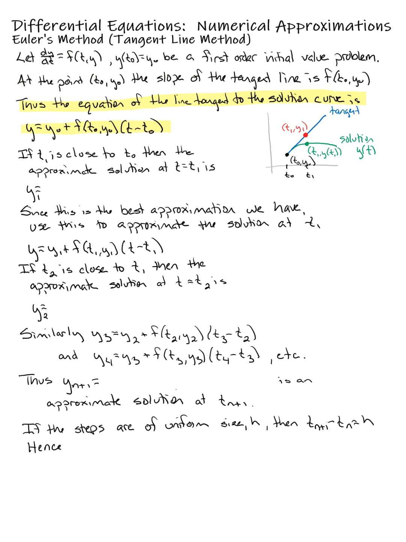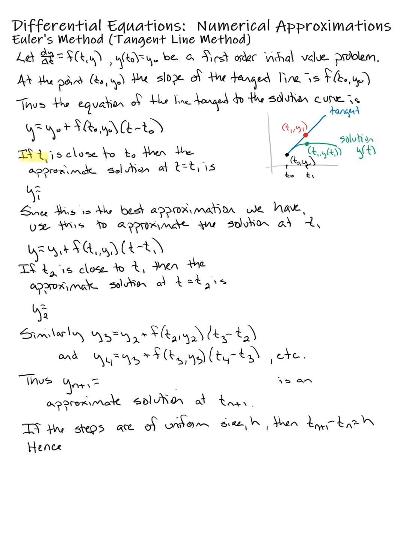This comes from the point-slope equation of a line, where my point is (t naught, y naught) and my slope is f of t naught, y naught.